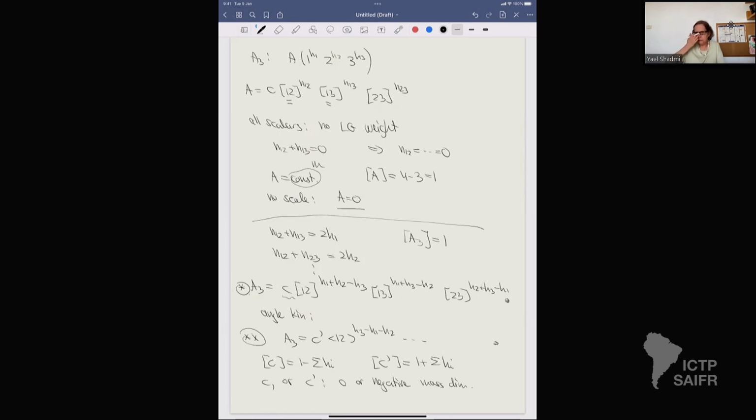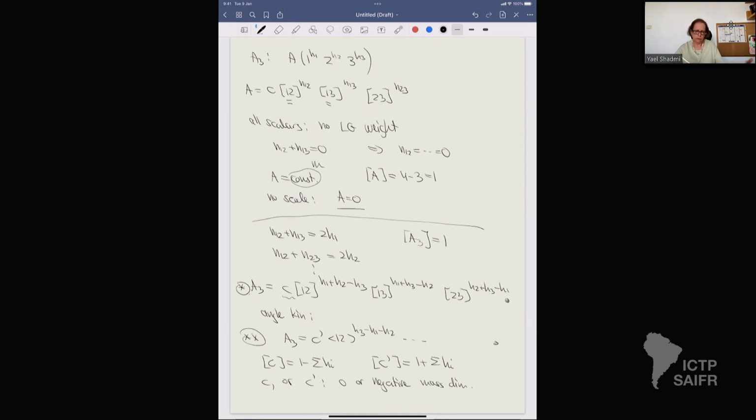There's another way to say the same thing: suppose I take the 3 momenta P1, P2, and P3, and I rescale them together. If they all go to 0 together, I expect the amplitude to go to 0 and not blow up.